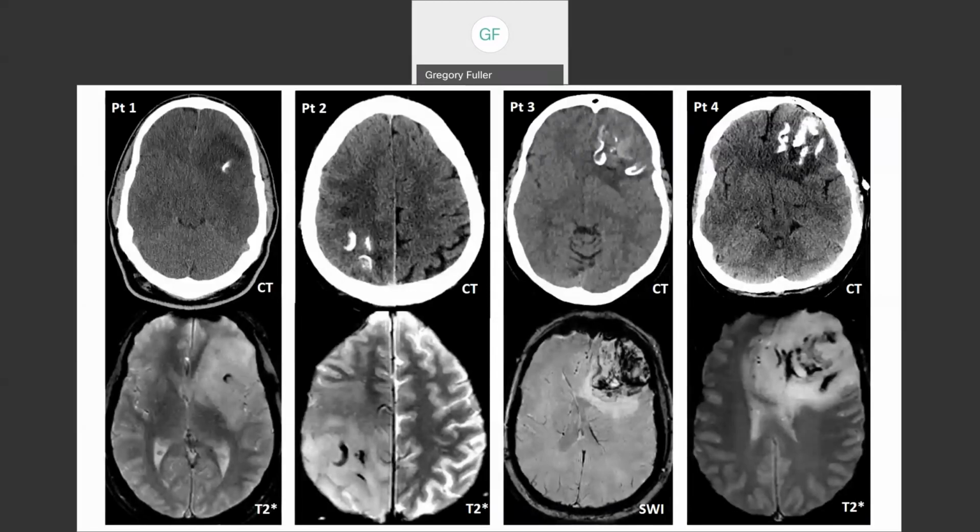Well, this is the spectrum of calcification. So even patient number 1 on the far left, that is still very helpful to see that curvilinear calcification, and it's going to put oligo number 1. Now, again, caveat, many oligos do not calcify at all. So the absence of calcification certainly does not exclude a diagnosis of oligodendroglioma, but the positive predictive value is quite high. It's not 100%, but it's high.